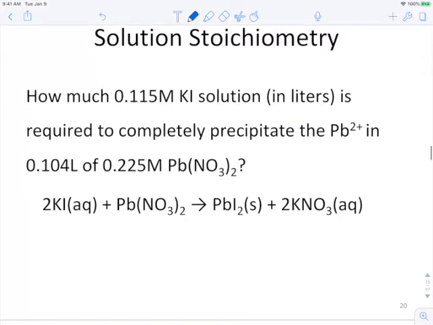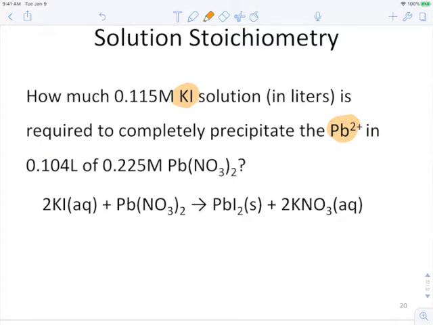All right, as opposed to that, we're going to look at what we call solution stoichiometry. Just to point out how this one is different than the one above, I can immediately identify that we have more than one chemical here. As soon as you can identify that you have more than one chemical, you cannot use the dilution formula. That's a really common mistake, because people love the formula M1V1 equals M2V2 so much because it is so easy. They will try to use it for a problem like this.